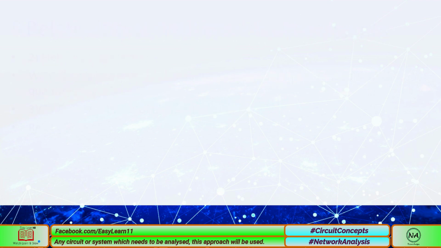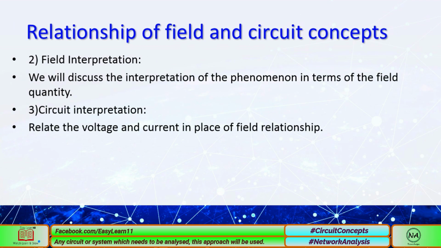In the next step we are going to continue with the field interpretation. We will discuss the relationship with the field quantity. In terms of the field, the discussion changes to the electric field, with formulas.